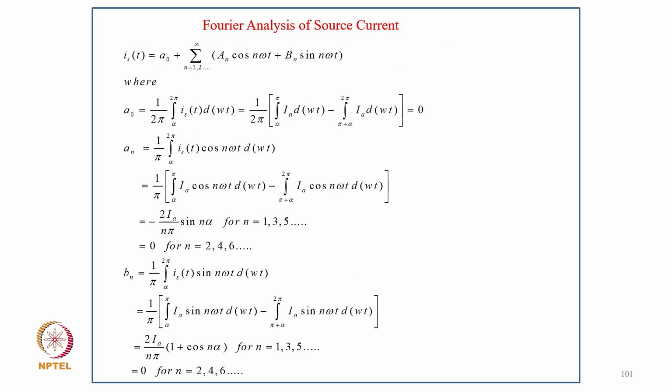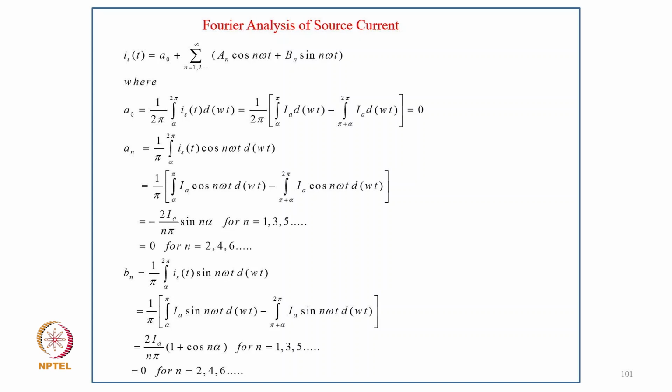Ist equals A0 plus the sum from n equal to 1 to infinity of (An cos nωt + Bn sin nωt), where A0 equals 1 upon 2π times the integral of Ist d(ωt), and putting the value it comes 0. An equals 1 upon π times the integral of Ist cos nωt, and putting the value it comes minus 2I upon nπ sin nα for n equal to 1, 3, 5, and for even harmonics it is 0.